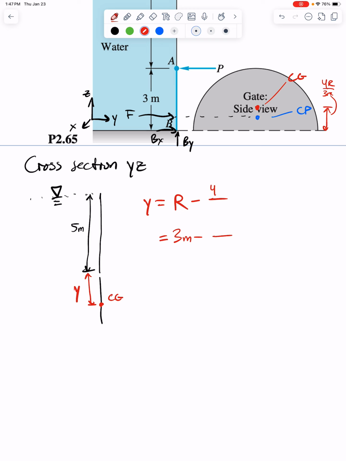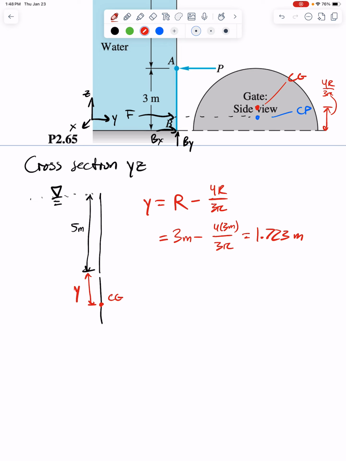So it's 4r over 3 pi. So 4 times 3 meters over 3 pi. That'd get me 1.273 meters. I think it's right. Okay.